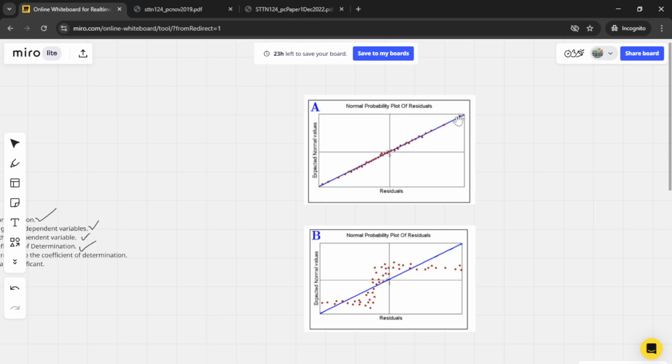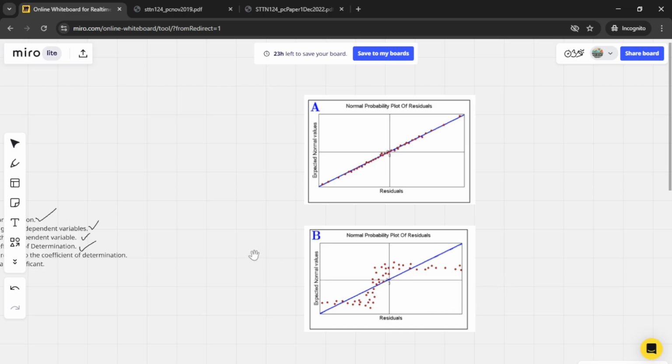So in this case, we're going to say they are normally distributed, and therefore the assumption of normality is met. If you look at these points, they are not distributed on this straight line. So in this case, we're going to say normality is not met.